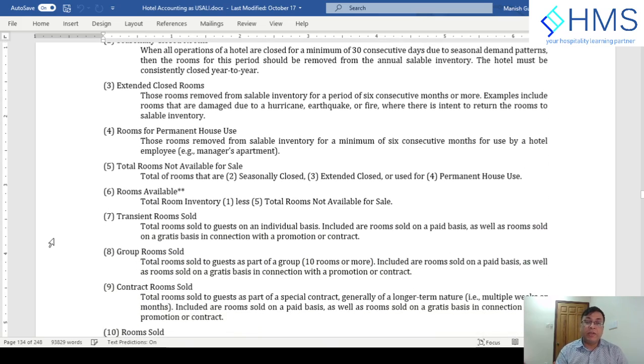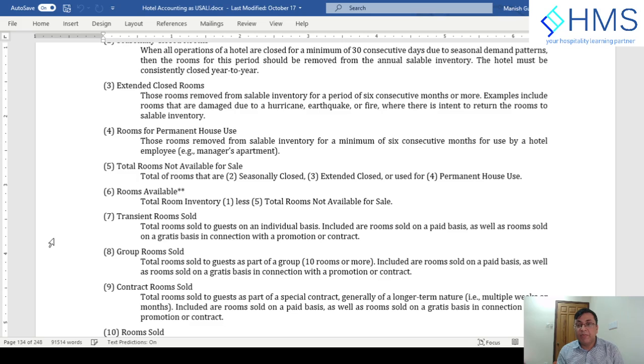Next thing we need to learn is the transient room sold. So in the room statistics, we learn transient room revenue and group room revenue. So what is the meaning of that? Transient room sold means it's sold to a guest on an individual basis, not as a group, on a paid basis, as well as the room sold on gratis in connection with a promotion or a contract.